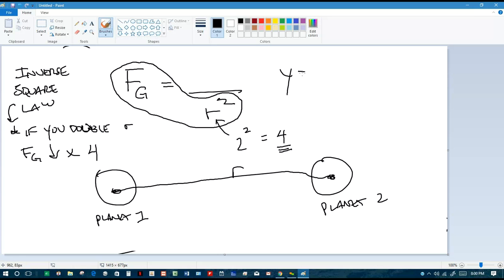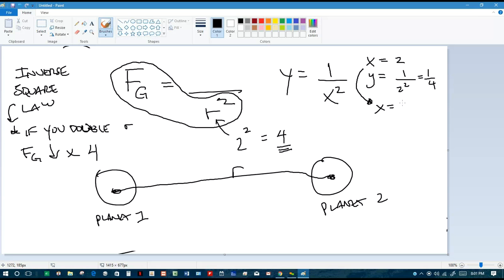Let's say we had y equals 1 over x squared. Same idea, just from a math standpoint. Y's and x's, right? Let's say I have x equals 2. What will I get for y? It'll be 1 over 2 squared, which is 1/4, right?